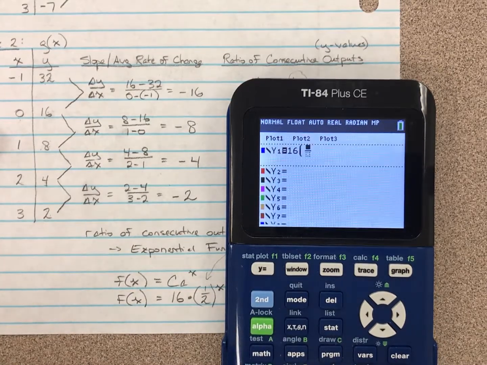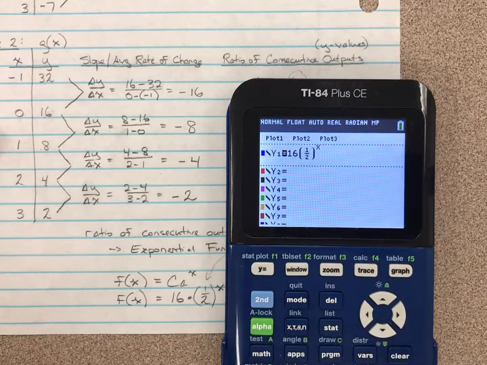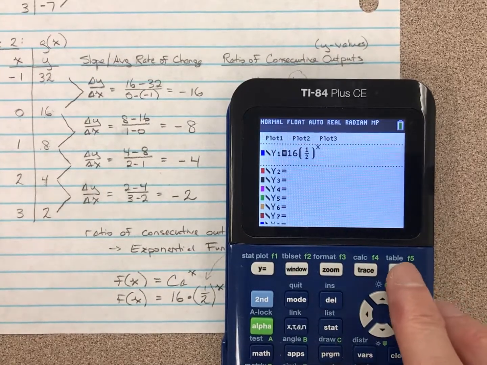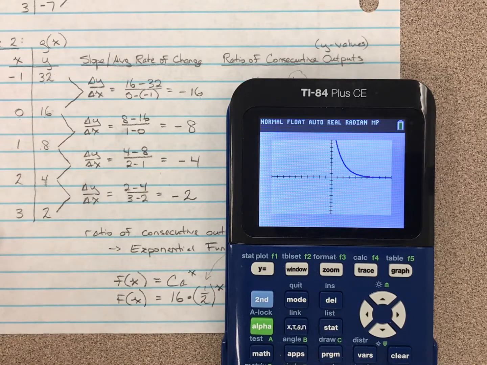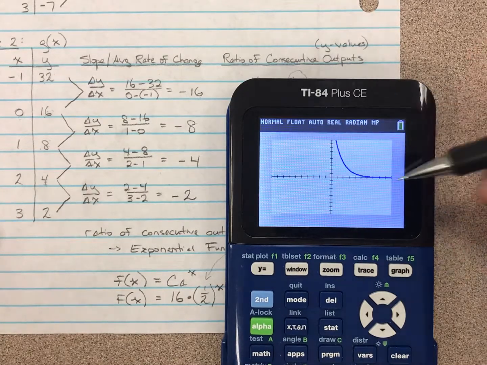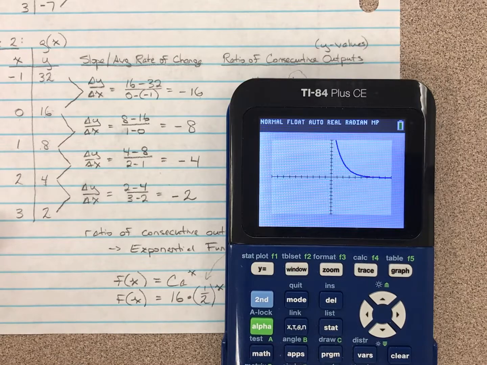Just put 1/2 in parentheses, raised to the x power. Exponential function. Let's graph it. There it is. There's our exponential function. It looks like it's pretty much stuck to quadrant 1 in this case.